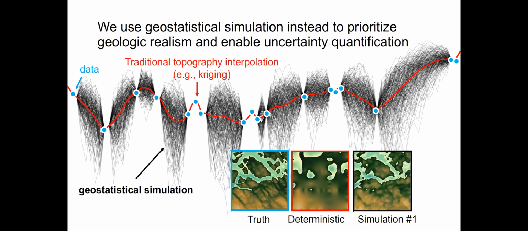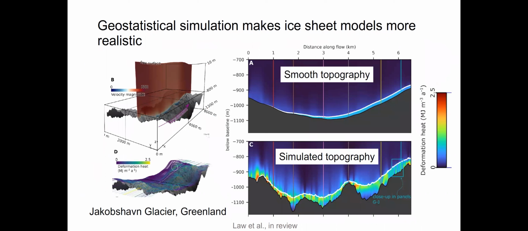We've also done some ice sheet modeling work and have found that when we model ice flow with simulated topography as opposed to the smooth topography that everyone uses, the ice behaves much differently. There's a lot more deformation at the bed. We can see higher temperatures here. So this is showing us that if we use simulated topography, we can produce different ice flow behaviors. And this is really important for projecting sea level rise from ice sheet contributions.